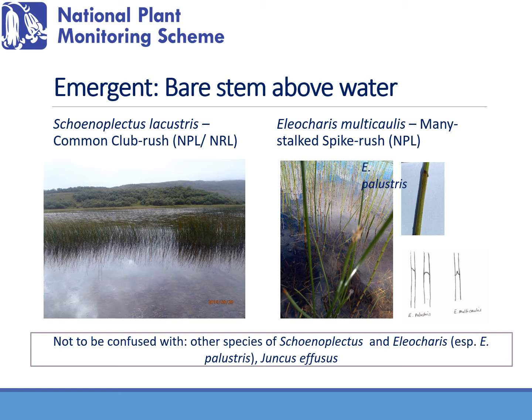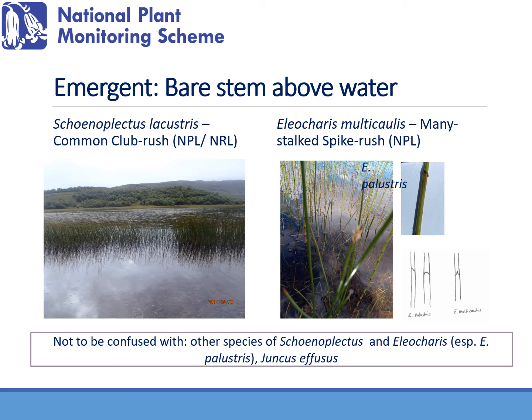The main way to tell the species apart is by looking at the sheath at the base of the spikes. So if you pick up a stem, as you can see growing loosely in amongst the Eleocharis on the left, if you pulled one of those stems up from the base and have a look, you will see that there is a membranous sheath, and that's shown in the picture on the top right hand side, and the shape of that sheath is characteristic between the species.